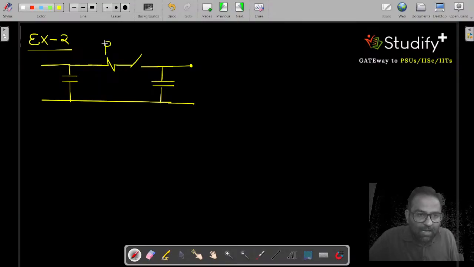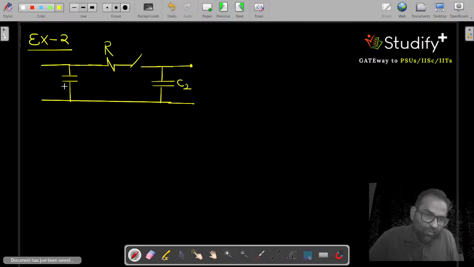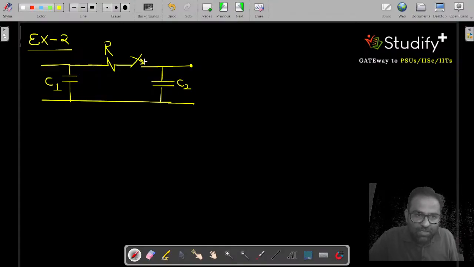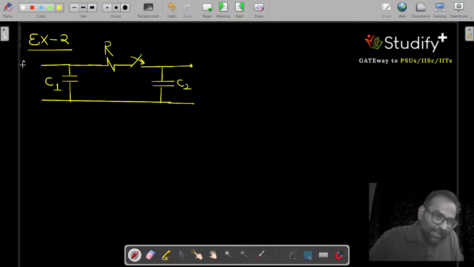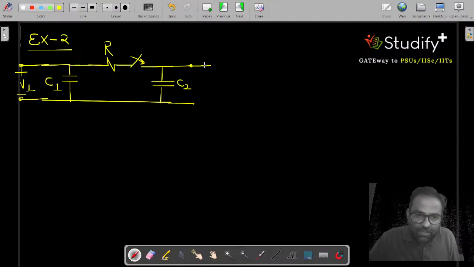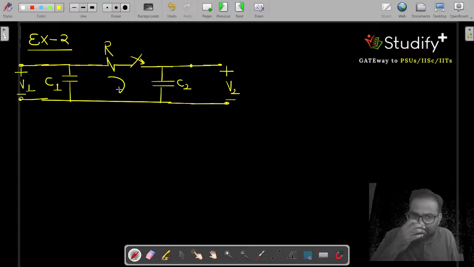This value is R, this value is C2, this value is C1, and the switch is initially open and then it will be closed. Now they are calling this value V1, and they are calling this value V2, and they are calling this current IT.